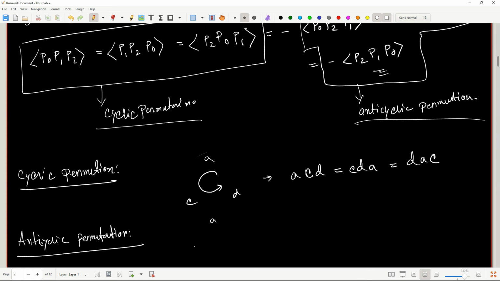is that you have again A, C, D, but this time you go clockwise. That means opposite to this configuration over here.